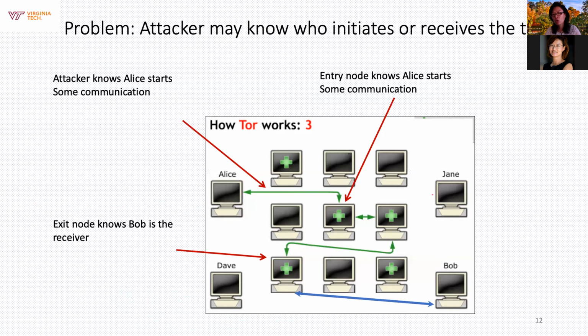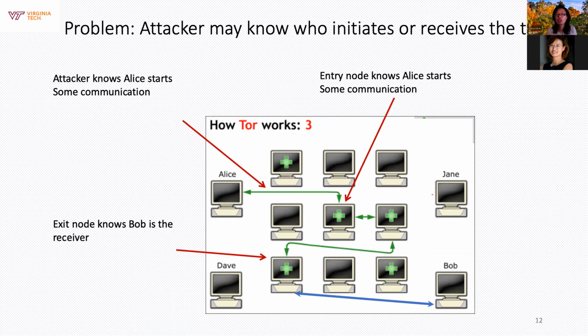However, the solution that I showed you here has some problems. That is, you have just one route, right? So you have one route, and then you have Alice sending and receiving, interacting with the entry node.